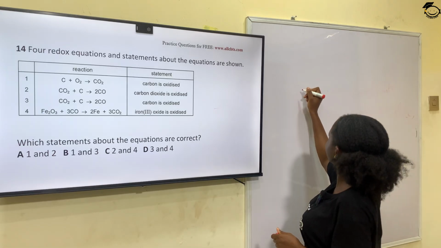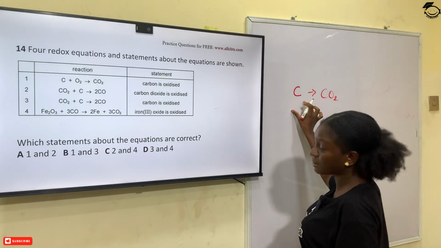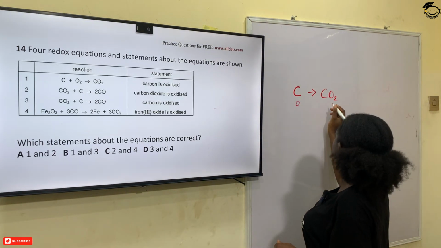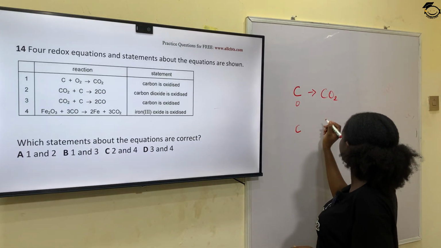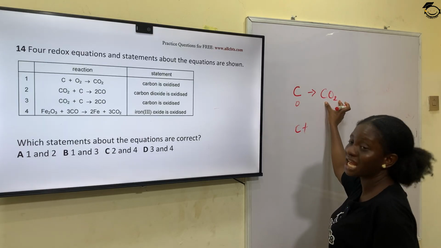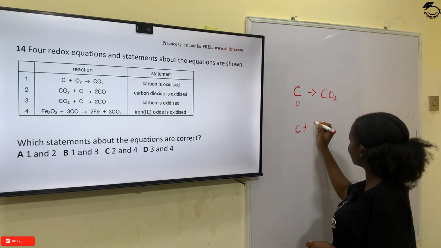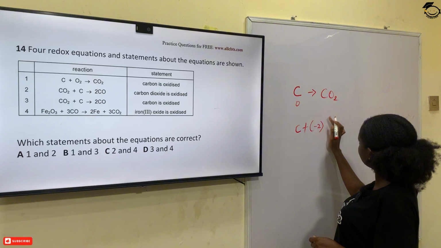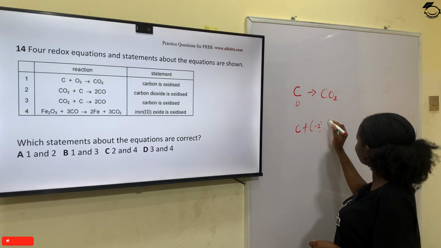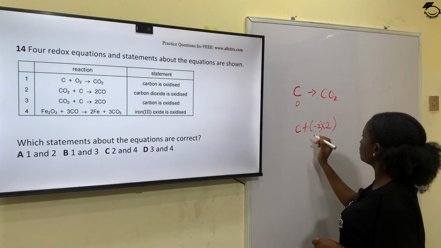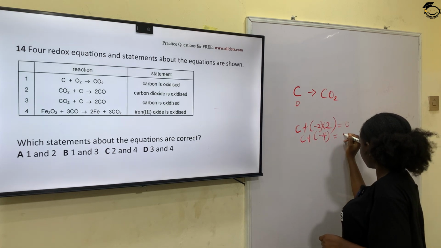So from C to CO2, the oxidation state of carbon here is 0. To calculate the oxidation state of carbon in CO2, we have C plus the charge of oxygen, which is -2, times the number of atoms, that's 2. So we have C plus -4 equals 0.